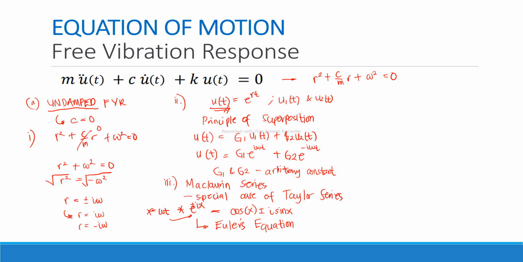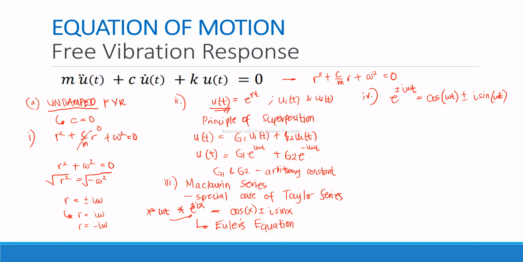So from the exponent, i came out using the Maclaurin series, and then we related the trigonometric function with complex analysis. We have cosine x plus or minus i sine x. Since our general solution is e to the positive or negative i omega t, that is equal to cosine omega t plus or minus i sine omega t.